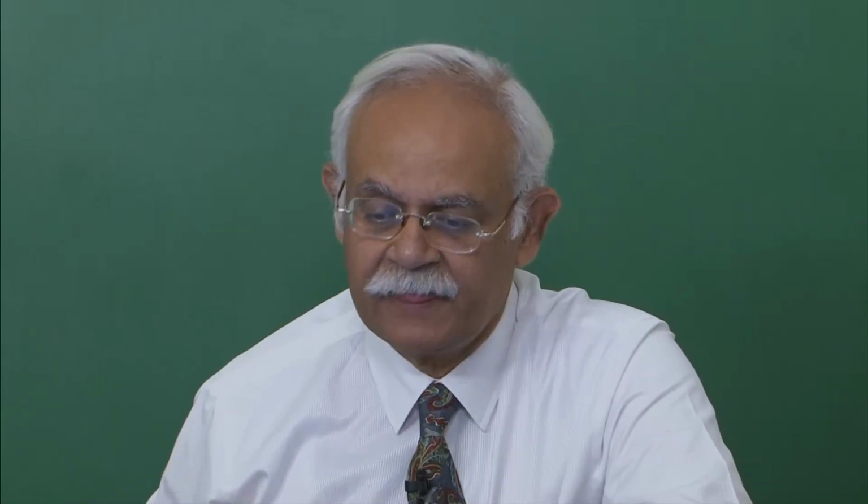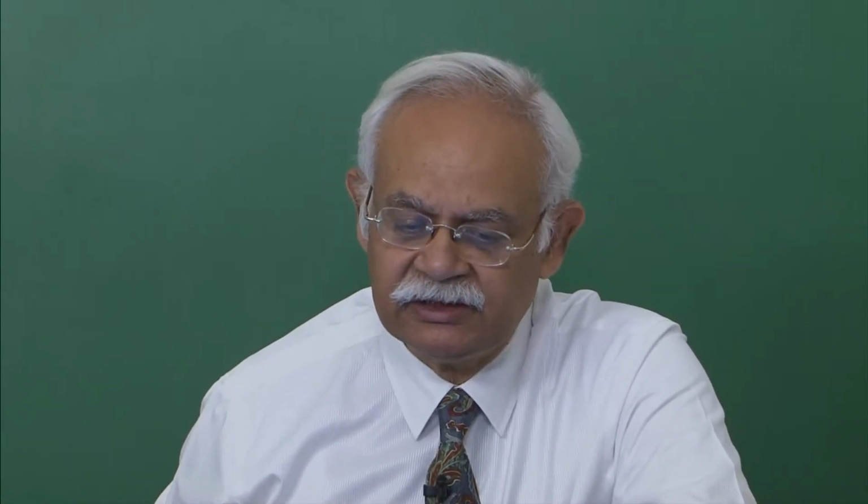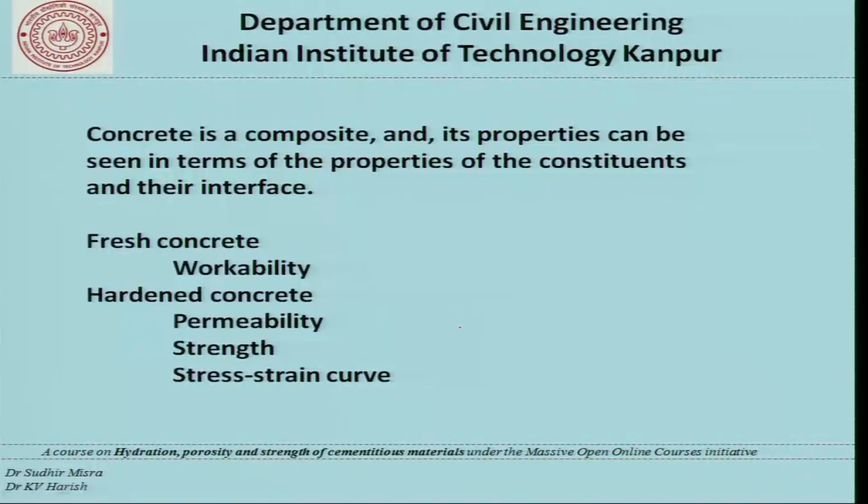Now, having said all this, finally we have concrete as a composite, and its properties can be seen in terms of the properties of the constituents and their interface. So what we will be looking at in the subsequent lectures is the properties of concrete, that is workability in the fresh state, and in the hardened state we will be talking about permeability, strength and the stress strain curve.